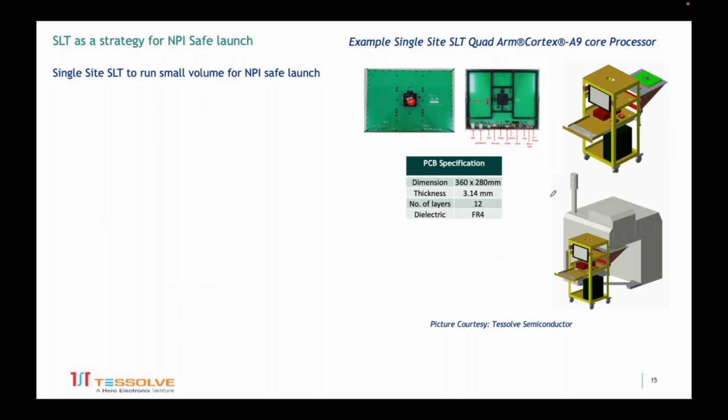It could be docked to any existing ATE handler. In this case, you can probably do single site or dual site test, but the test time will be higher. But certainly this will help to launch any new product initially in a safe mode.